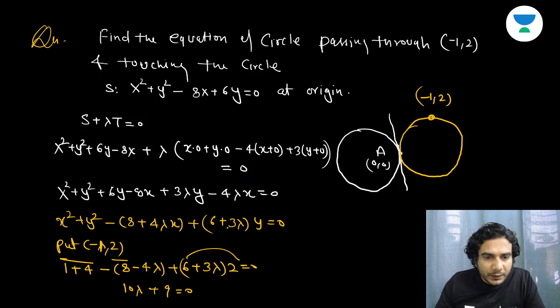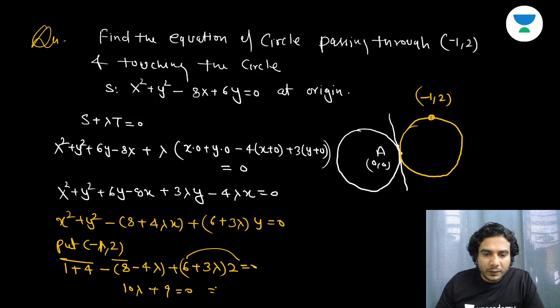Okay, so 6 plus 3 lambda into y, and 12 plus 6, and this is minus 1, so 8 plus 4 lambda. All right, so we are getting this value. So I was just checking the calculation. It seems all right. So 5 minus 8, and plus 6. So yeah, plus 12.